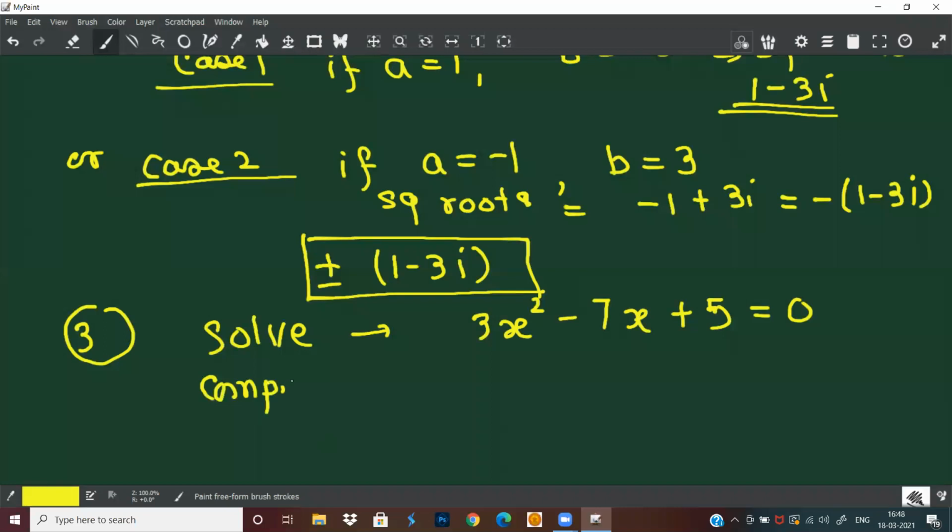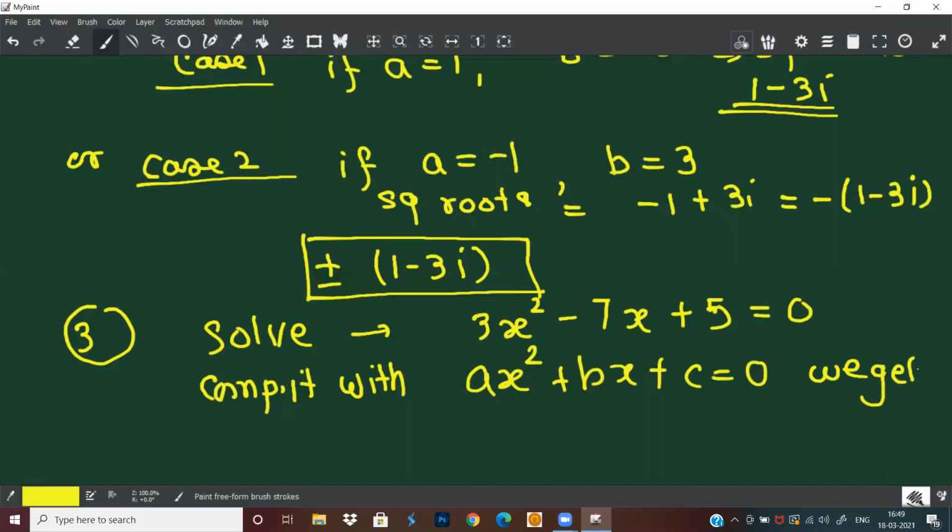Now comparing it with our standard equation, write ax squared plus bx plus c is equal to 0. We get, we have to solve the quadratic. The value of a is 3. The value of b is negative 7. The value of c is 5.